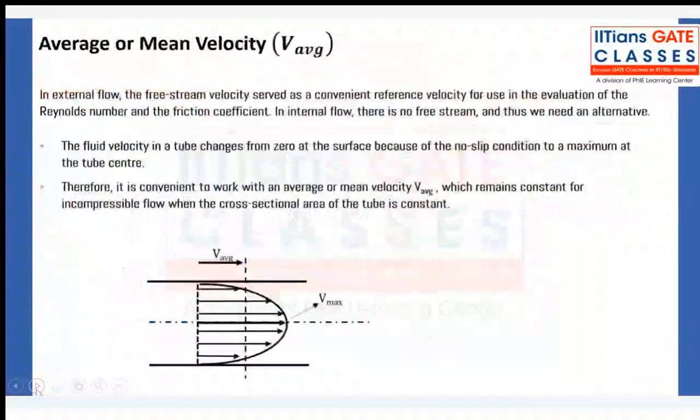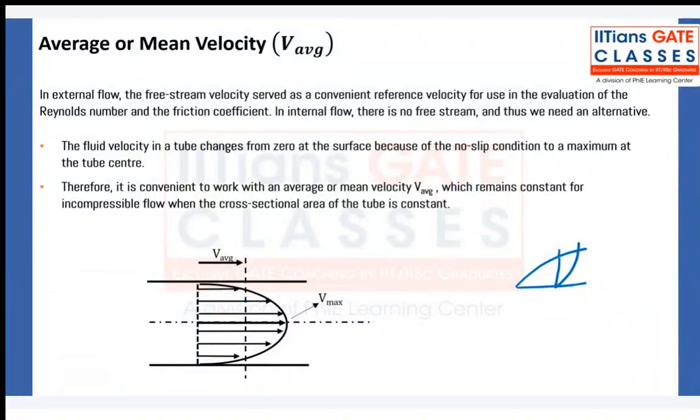Now the problem with internal flows is that, unlike external flows, we do not have a constant velocity. Once we have reached this point in external flows, we can take a reference of the free stream velocity u infinity.